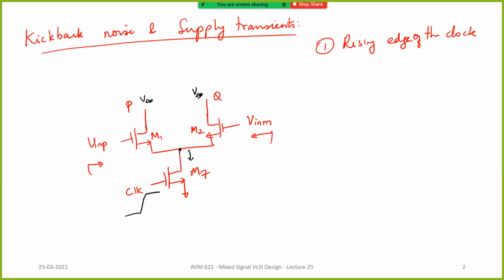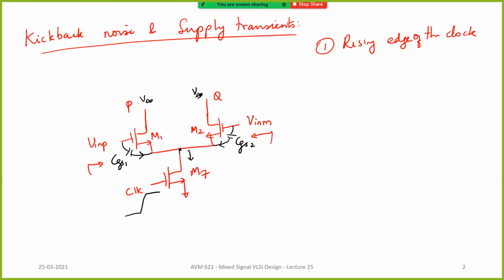As it goes down, where is the current going to come from? The capacitor will have to start discharging, but you also have capacitors here, the CGS of 1 and CGS of 2. Because of this clock transition, some portion of the current flowing through M7 is also going to come through these two capacitors.